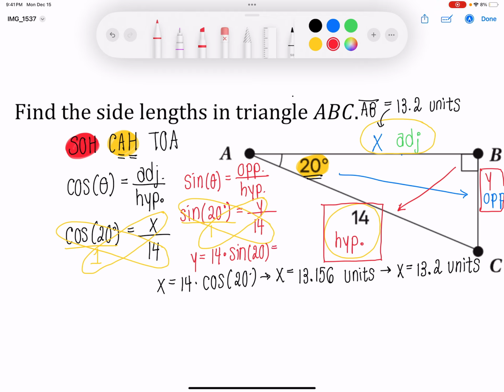And if we put that into the calculator, you can do this with me right now. 14 times sine of 20, we end up getting approximately 4.8 units rounded to the nearest tenth. So y is equal to this, and I know that that represented line segment BC. That was 4.8 units.